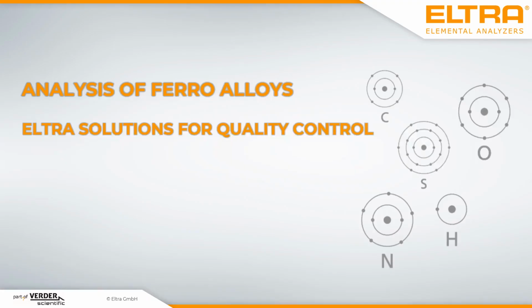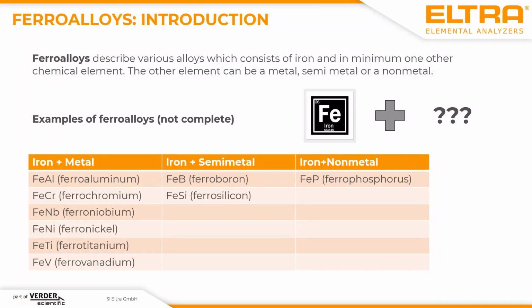Today we will focus on the carbon-sulfur and oxygen-nitrogen analysis of ferroalloys. In the following we will shortly discuss which properties ferroalloys have and which things are important for a correct elemental analysis. Ferroalloys is a really interesting group of chemical substances. On the one hand, you have the iron, and on the other hand, you have maybe a metal, maybe a semi-metal, or maybe a non-metal.